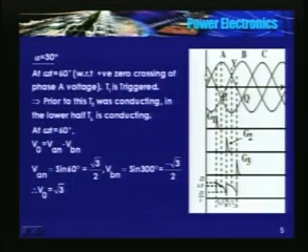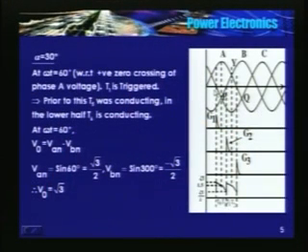If alpha is equal to 0, the zero crossing of the source current would have been here, now it is here. So the angle between the positive zero crossing of the voltage and the positive zero crossing of the source current is increasing. In other words, power factor is deteriorating. Remember, as you increase alpha, power factor deteriorates.